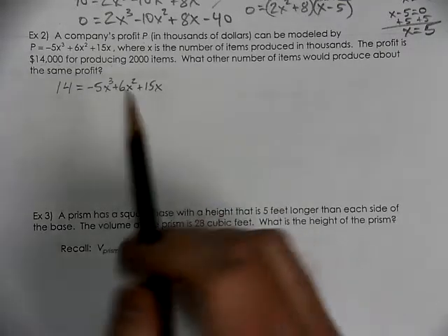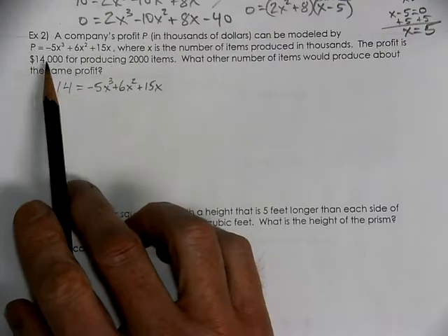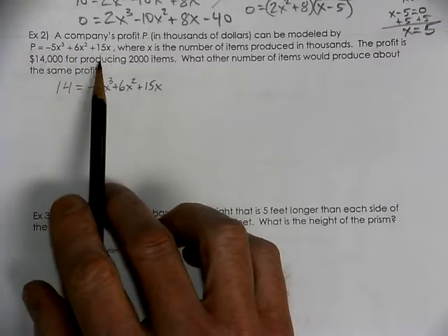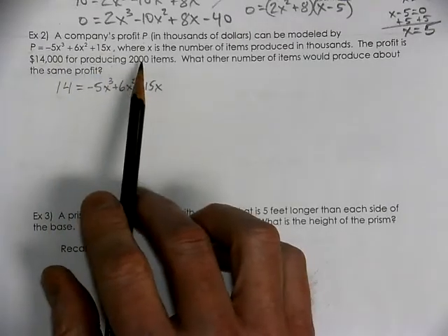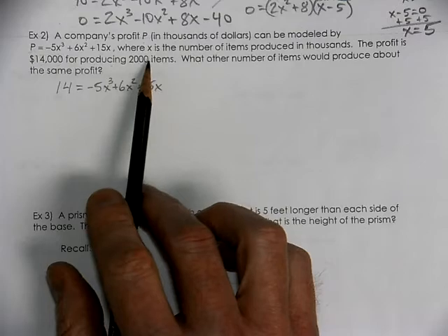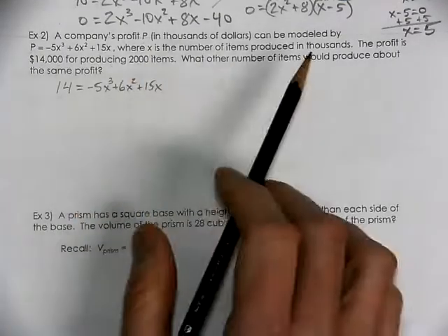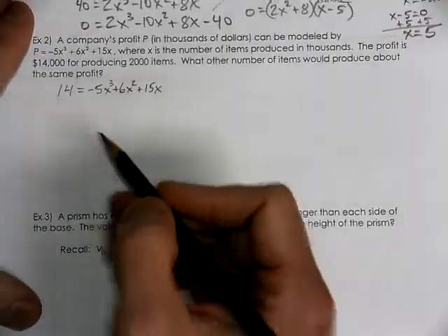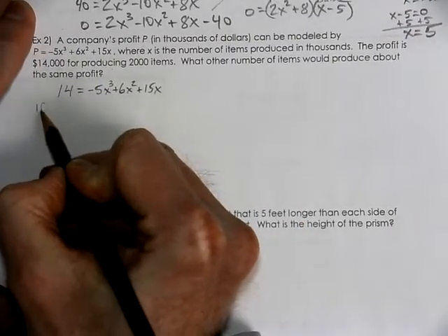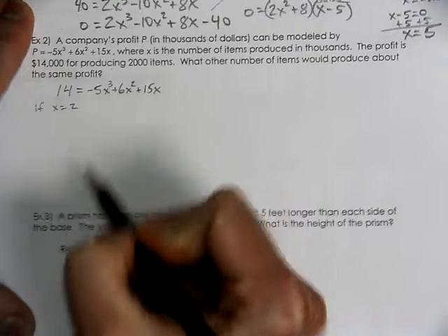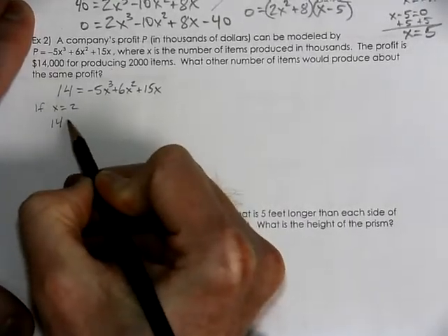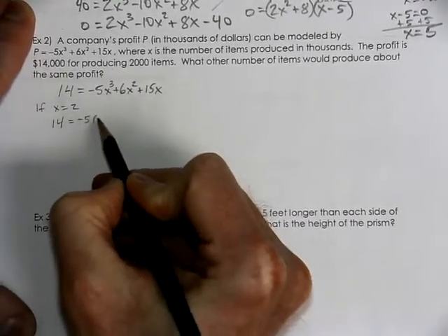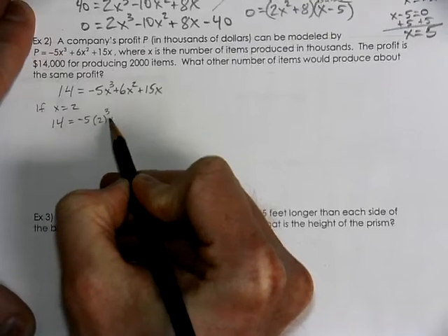So what it says here is that we get 14,000 when we produce 2,000 items. And remember, the number of items is in thousands, so we're just going to use the number 2. So if x equals 2, this is one way to do it. This is kind of direct substitution.